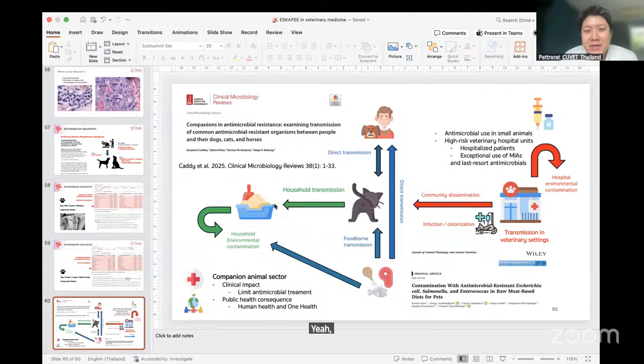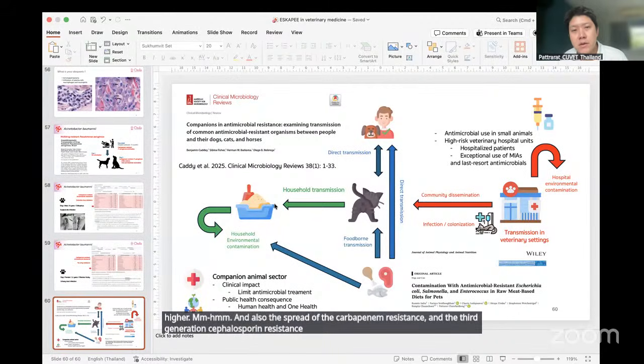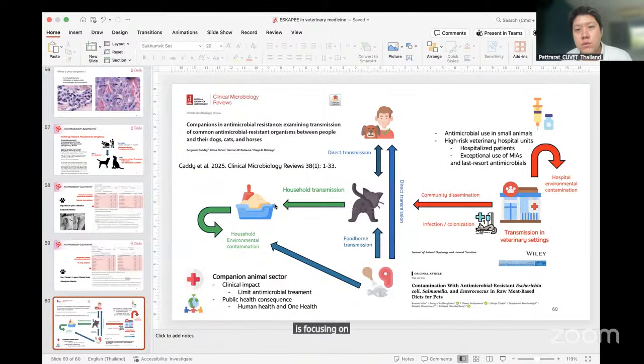In veterinary medicine, we found very similar trends. Now the gram-negative bacterial species, especially Enterobacter and Acinetobacter, are higher, and also the spread of carbapenem resistance and third generation cephalosporin resistance. That's why my research group is focusing on these two species, Enterobacter and Acinetobacter.